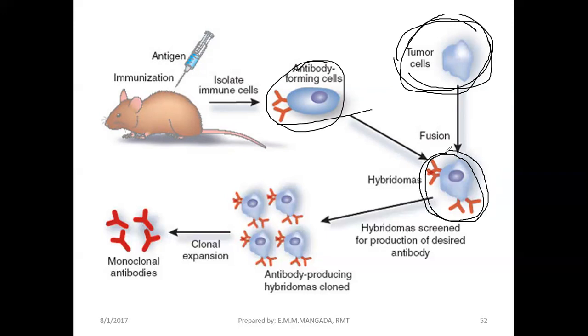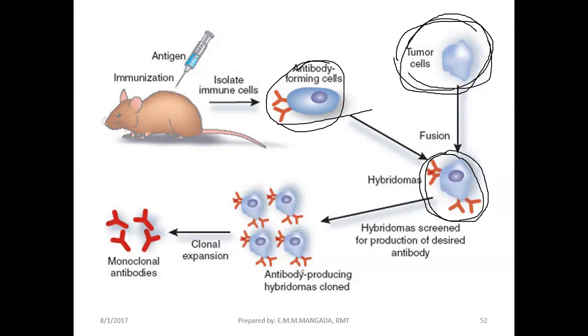Di ba ang tumor cells, they have this high mitotic activity. So, they have this ability to replicate and multiply a lot. Okay? So yun yung purpose natin in creating this hybridoma. Why we fuse the antibody forming cell with your tumor cell.